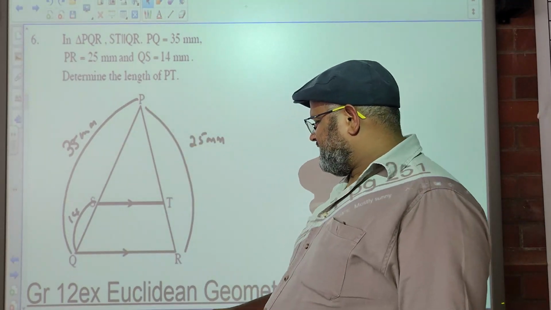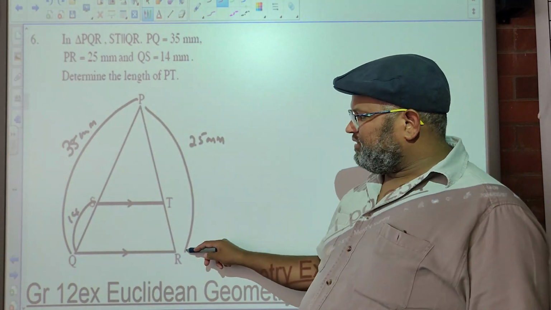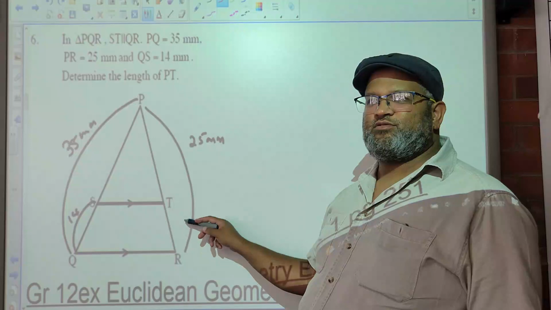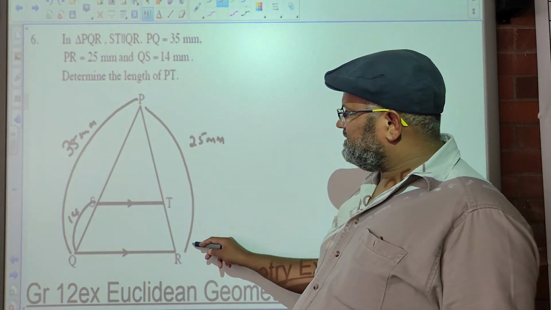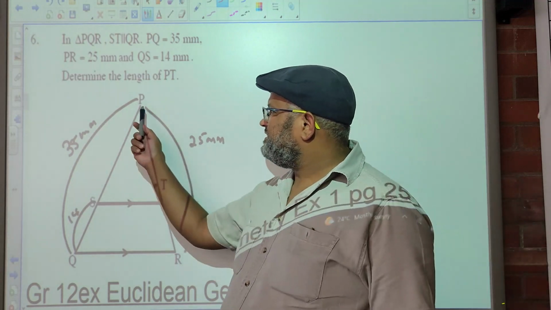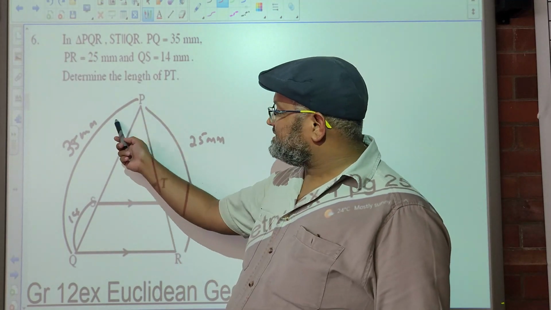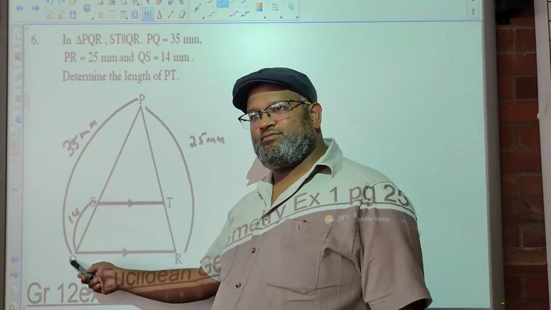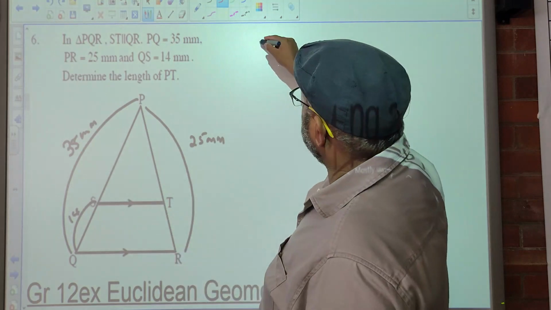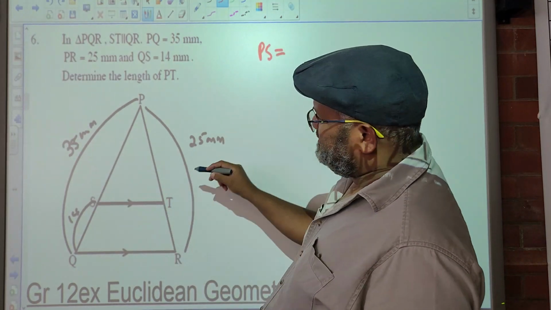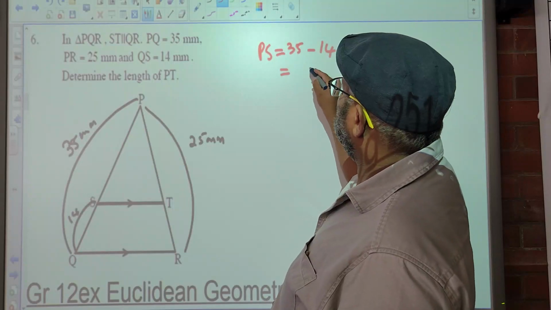So if we start off with that, we know that PT over PR. Why PR? Because I have that length. Or PS over PQ. But I don't have PS, but I can calculate that, not so. So PS is equal to 35 minus 14, which is 21.